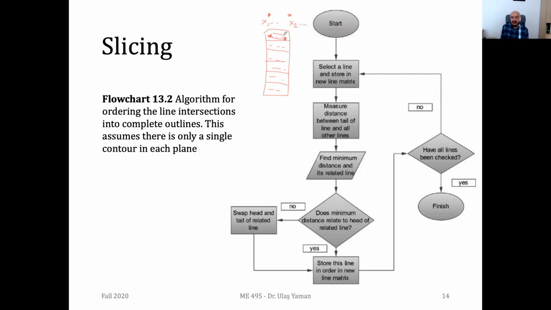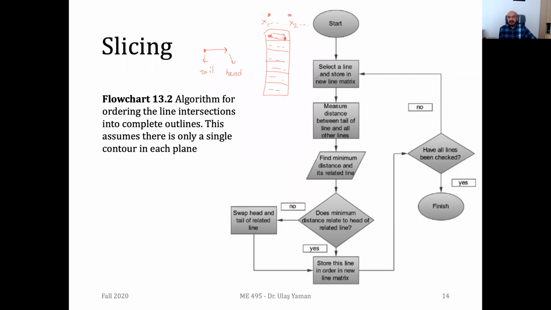This has a tail and a head, or I may draw it here. Yes, this is the tail of our first line segment, and this is the head of our first line segment. And we know the coordinates of this first selected line segment.